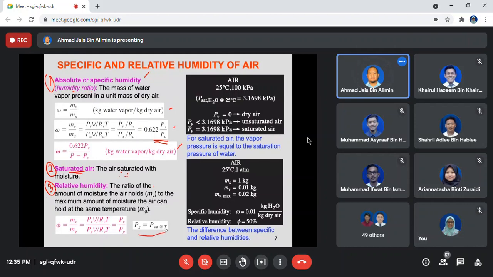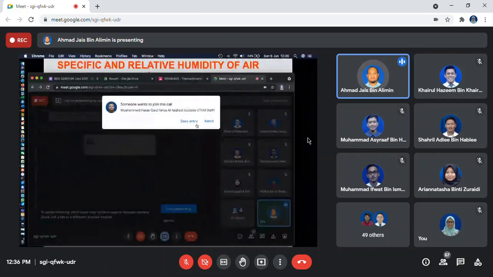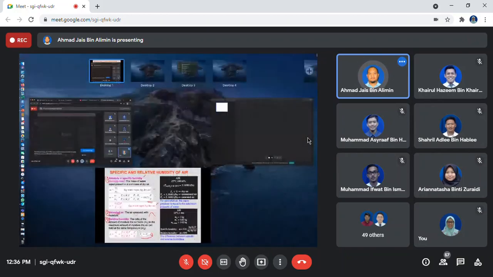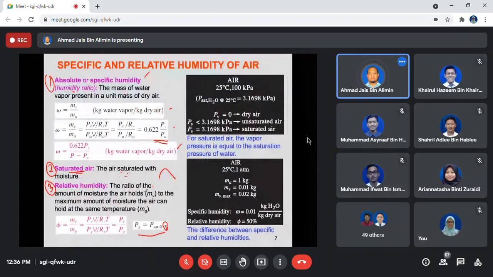So the pressure that the air can hold, the maximum amount of moisture, is equivalent to the saturated pressure at the given temperature, because it deals with the presence of saturated air and the presence of high content of water vapor.